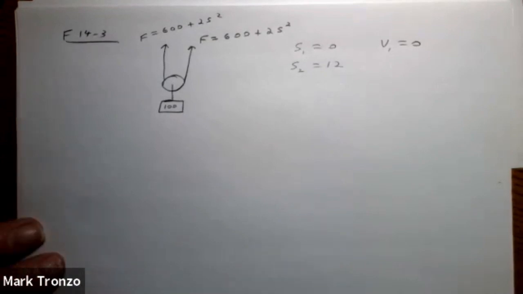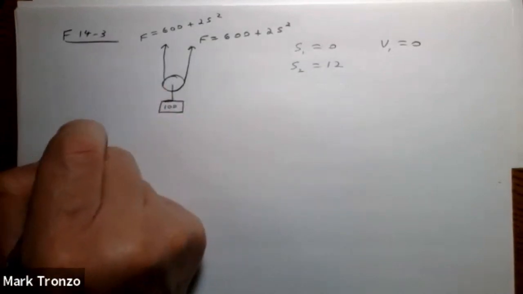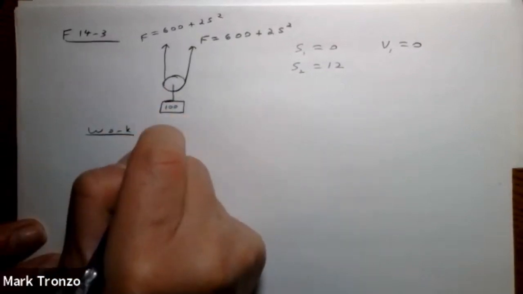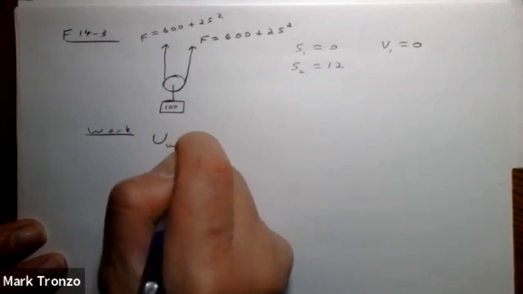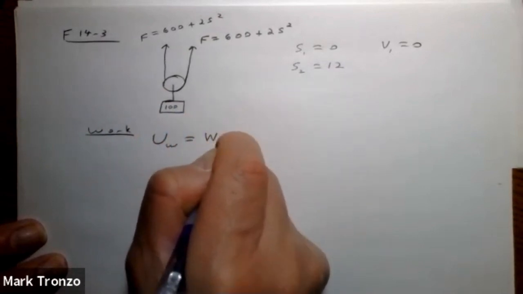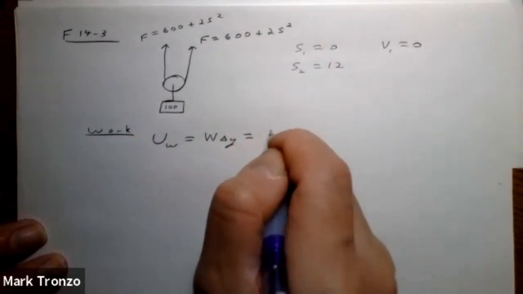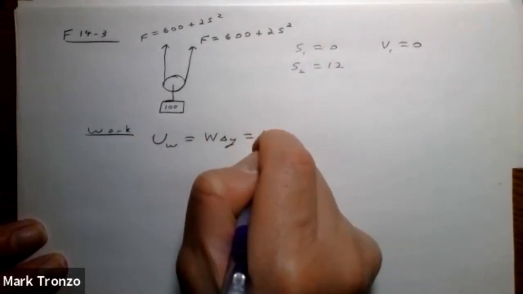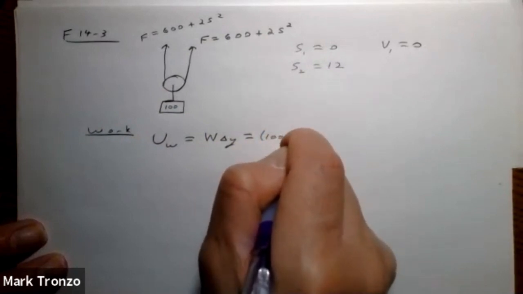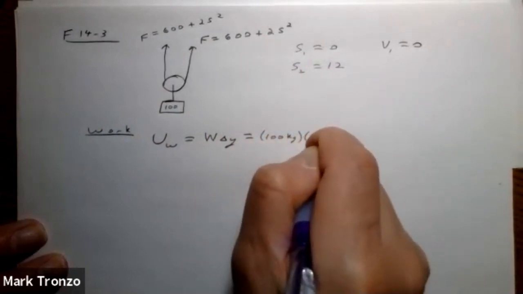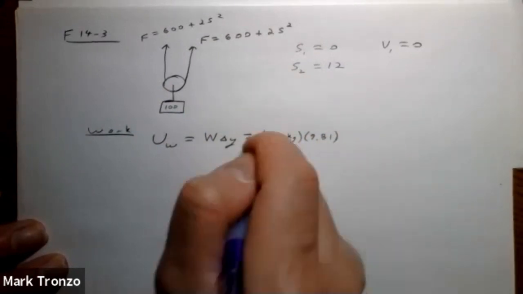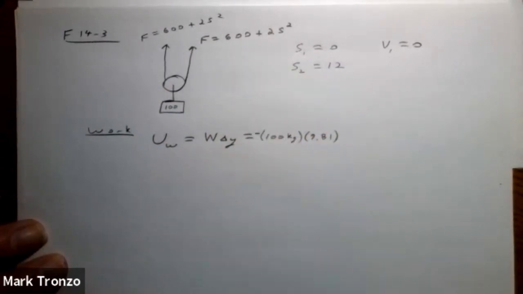And so when we do the work, the work from the weight is always going to be the weight times delta y. In this case, that's going to be pretty simple. It's going to be 100 kilograms times 9.81 because we're in SI. And we should put a negative in front.